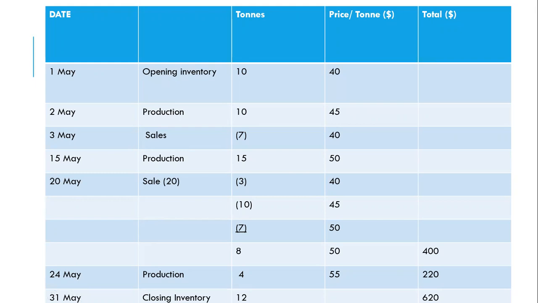Now, 7 tons. Since we are using first in, first out, we have a first batch, our opening inventory of 10 tons, and a second batch of production of 10 tons. Because we're using first in, first out, these sales would first be taken from the opening inventory, our first batch.